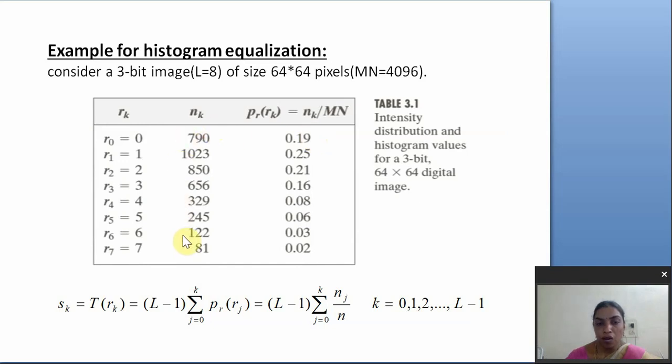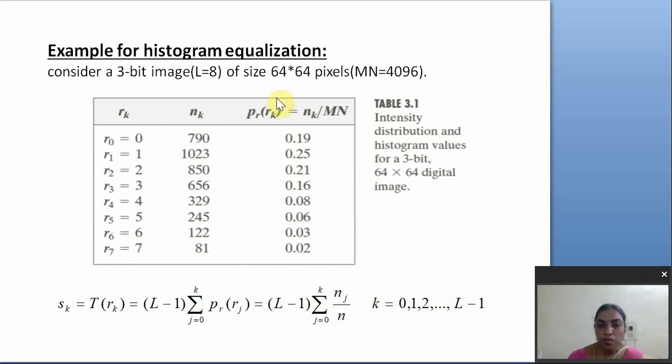If you add all the n_k values, you get the total number of pixels in the image, that is 4096. In the same way, if you add all the probability values for r_k, you should get the value 1. So check it once.